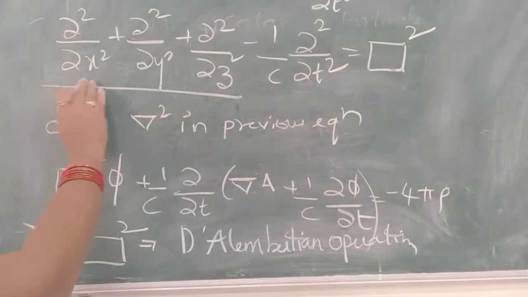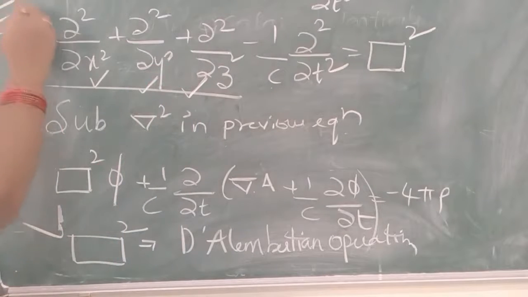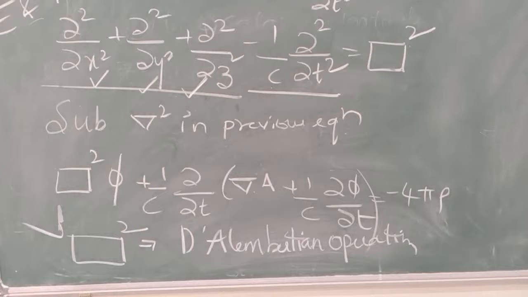It is consisting of all x, y, z and t terms, describing the flow of charged particles in the presence of electric and magnetic fields, with respect to the additional term we have taken. Right? This operator is known as the D'Alembertian operator. So please write this, D'Alembertian operator.